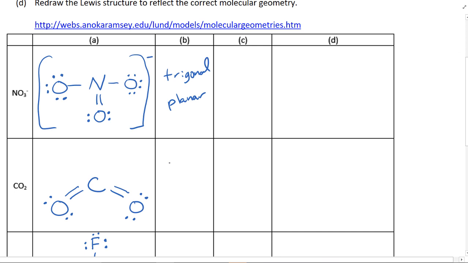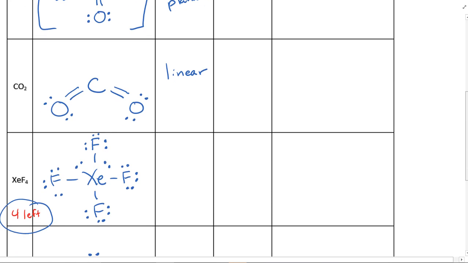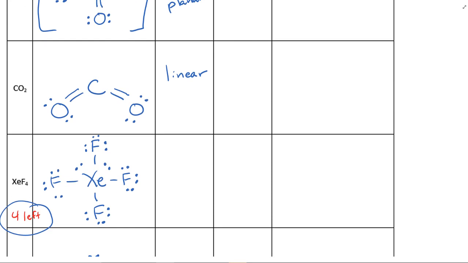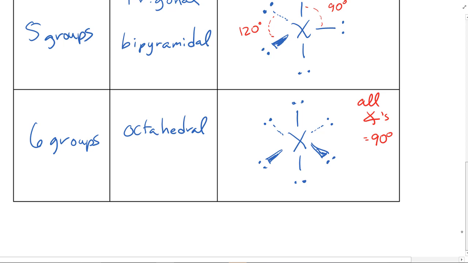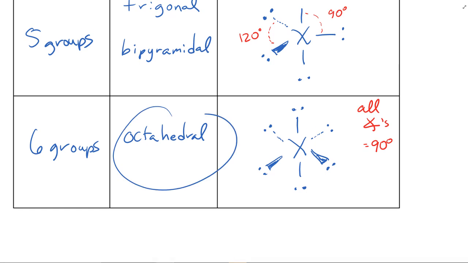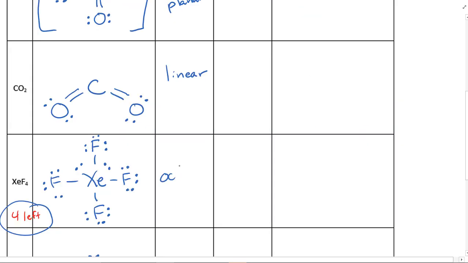So I probably didn't do a very good job of drawing this one out, is what that's suggesting. Okay. Then if we go to the xenon tetrafluoride, how many groups are on the central atom? 6. And if there's 6, we say that arrangement is octahedral, right here. So we go ahead and fill in the octahedral.